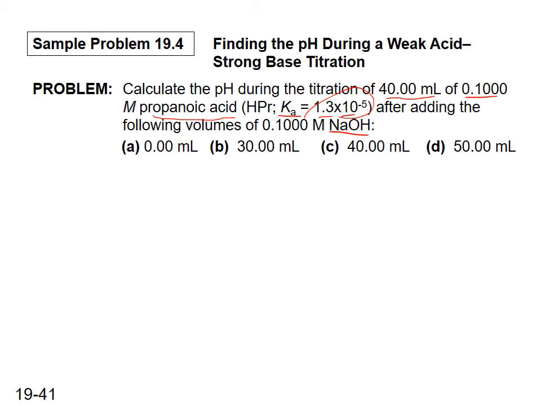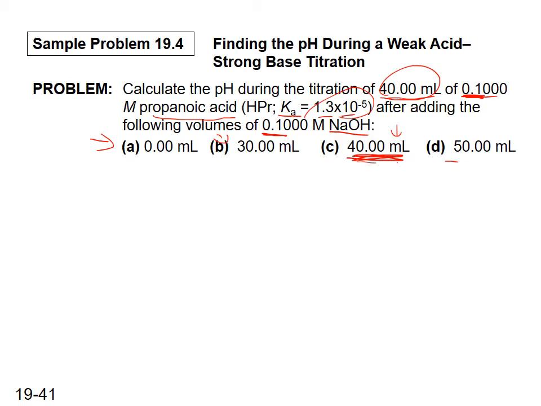Because they have the same molarity, 0.1, we would expect the equivalence point to be reached when the volume is the same, 40 milliliters. So C should be the equivalence point, A is the initial pH, B is the pH before equivalence, C is the equivalence point, and D is after the equivalence point.